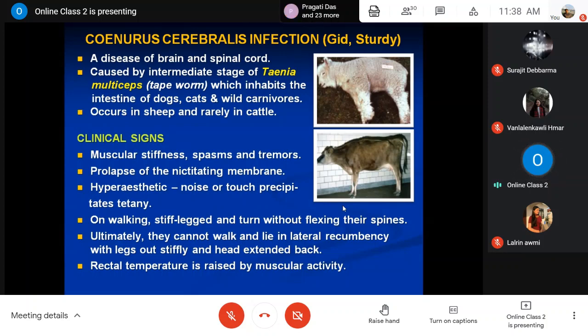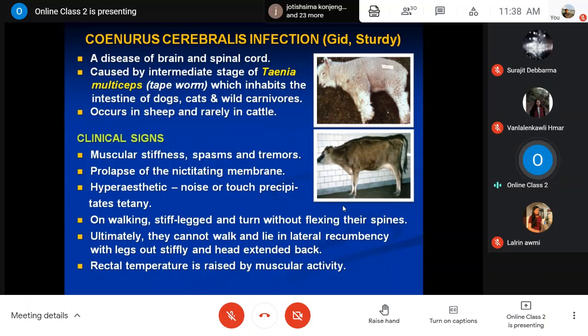They may show staggering or giddiness, and even here circling movement is very common. They may have muscular stiffness, spasm and tremors, prolapse of the nictitating membrane, and are very hyperesthetic; even noise or touch precipitates tetanic-like spasm.